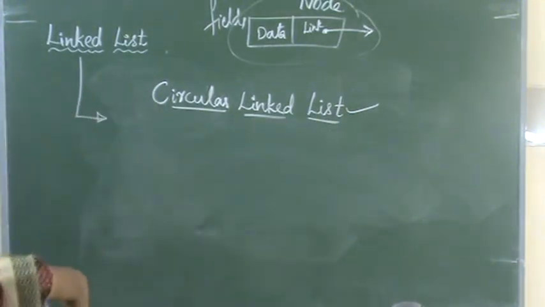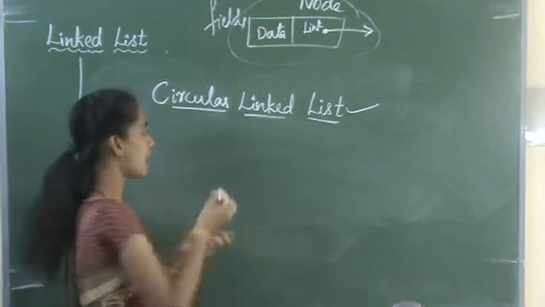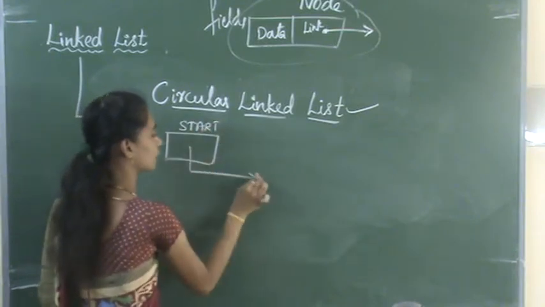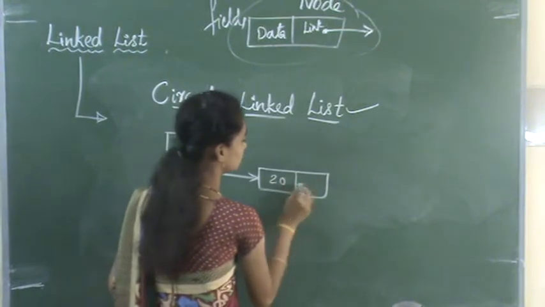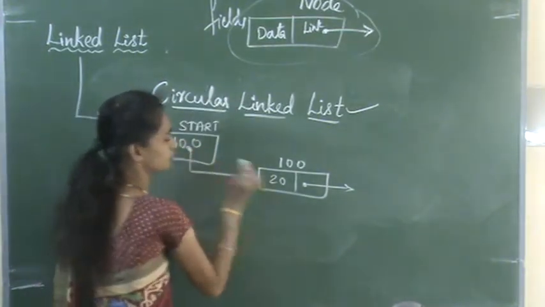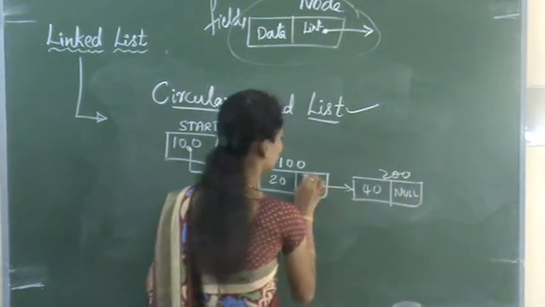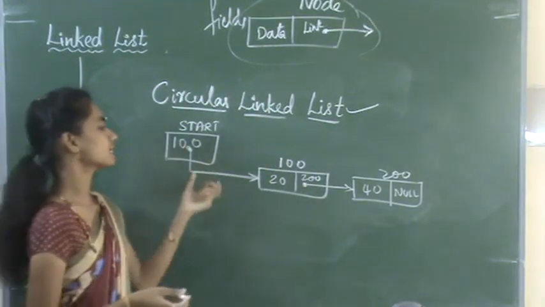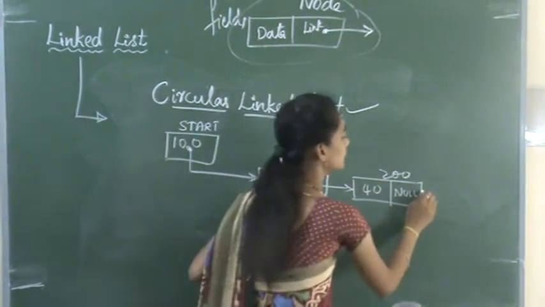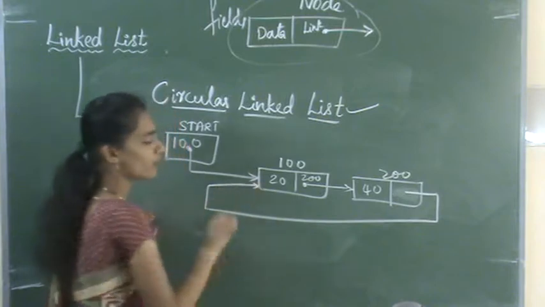So in a circular linked list, the link field of the last node, the last element, is connected to the first node.